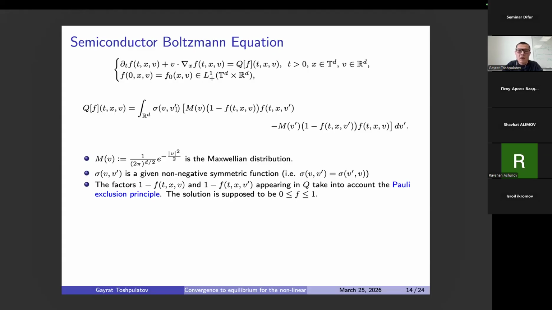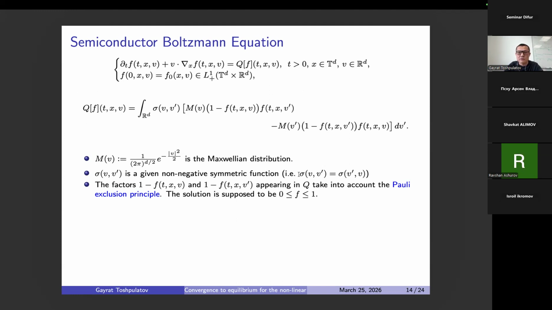And here the function sigma depends on v and v prime. It's a given non-negative symmetric function. Symmetric means that if we interchange v and v prime, the values of sigma are equal to each other.